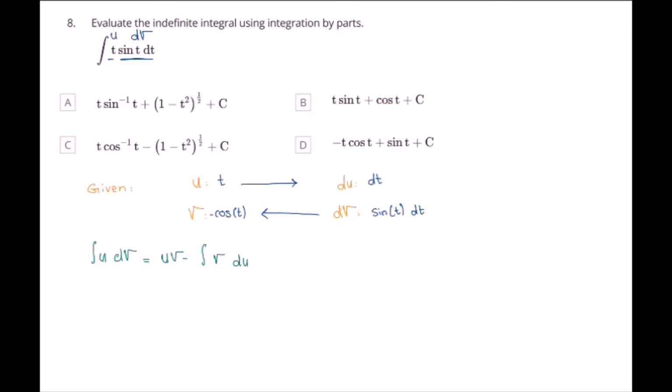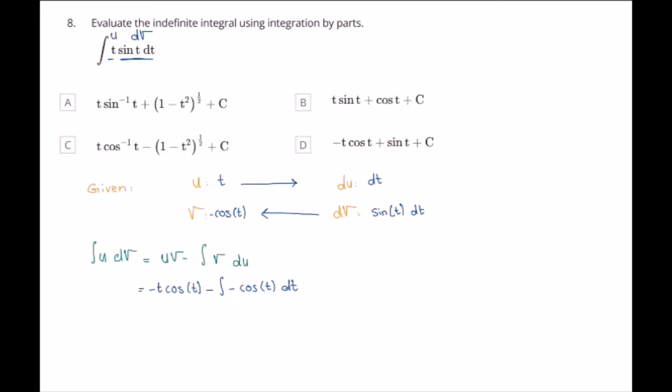Now we have the given u is t and v is negative cosine t, so it is going to be negative t cosine t minus, as we have it in the rule, the integration of v, which is negative cosine t, and du is dt.